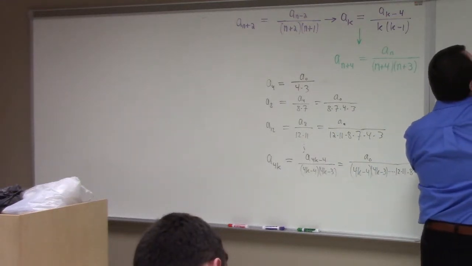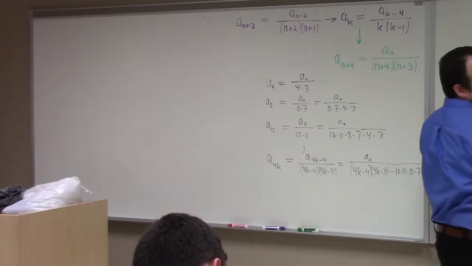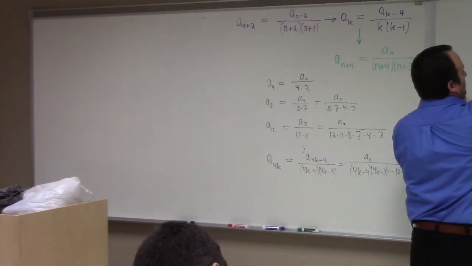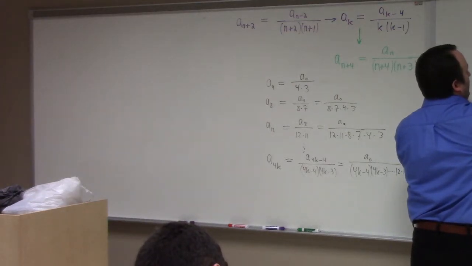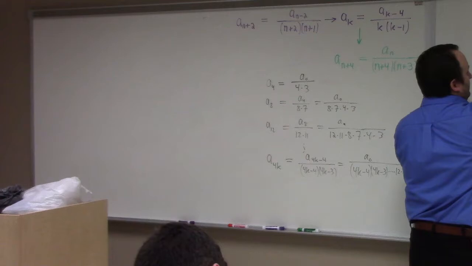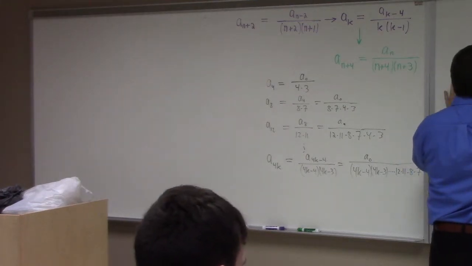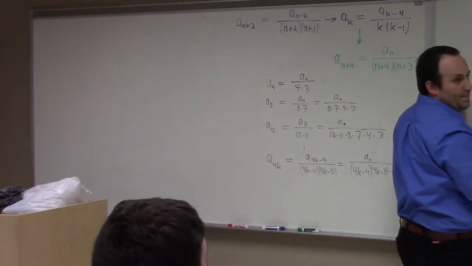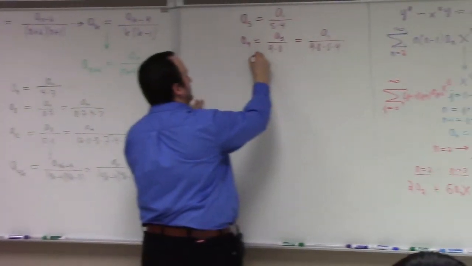A sub 1 over 5 times 4, right? What's a sub 9 equal to? A sub 5 divided by 9 times 8, yeah? Which, by the way, is a sub 1 over 9 times 8 times 5 times 4. You see where we're going with this?